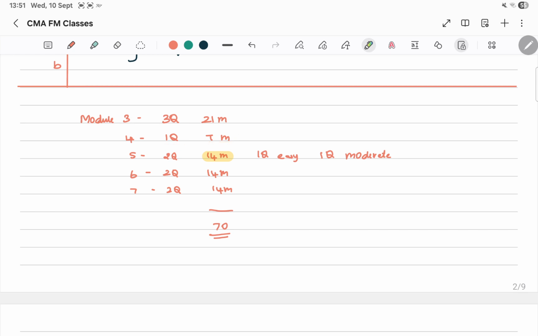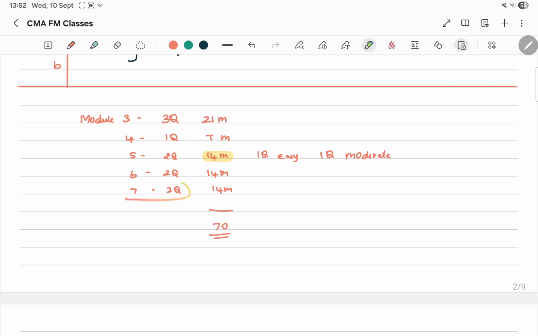And module number 5, that is NPV, IRR, all those things, that is capital budgeting, you will be having 2 questions from that, 14 marks. In that, 1 question will be easy and 1 question will be moderate, as I had already told you. From module number 6, you will be having 2 questions. One is from estimation of working capital, and another is from payable or receivable management or inventory management, all those things, you will be getting 1 question.